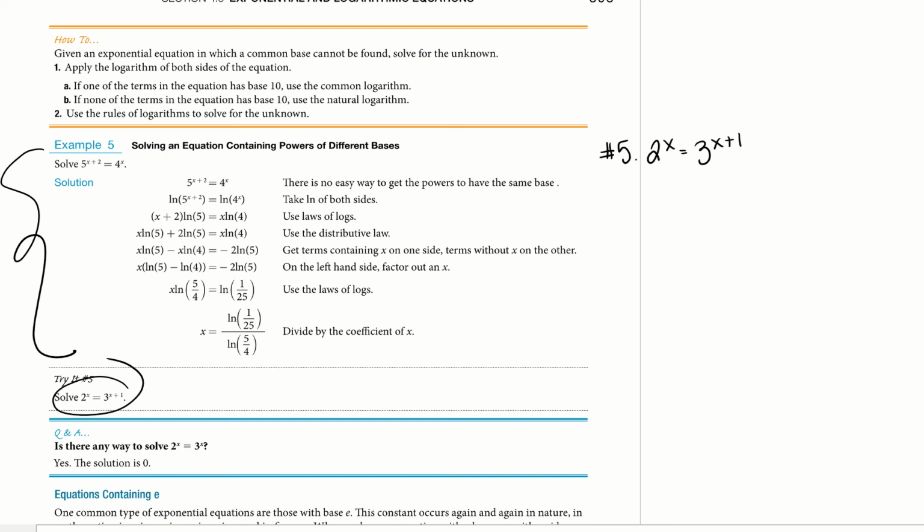Well, notice that I can't do anything because I can't make 3 have a common base of 2, and I can't make 2 have a common base of 3. So I'm going to take the log of both sides. And this allows me to do something really cool. I can now use the power property.